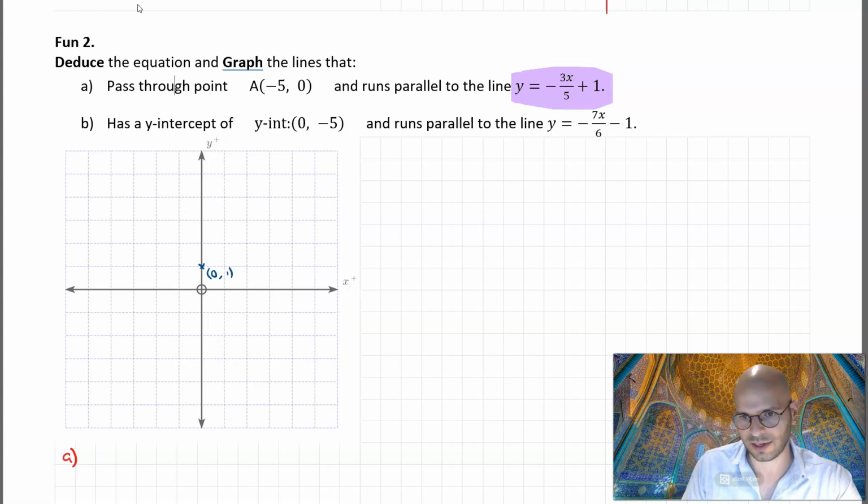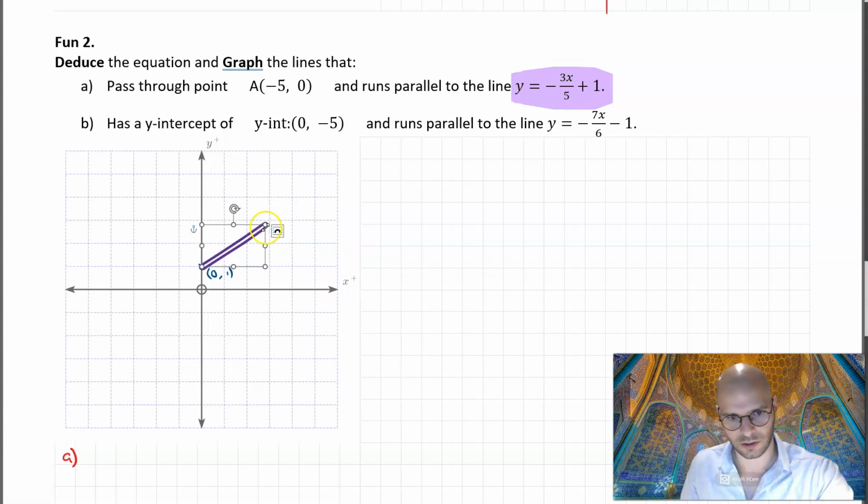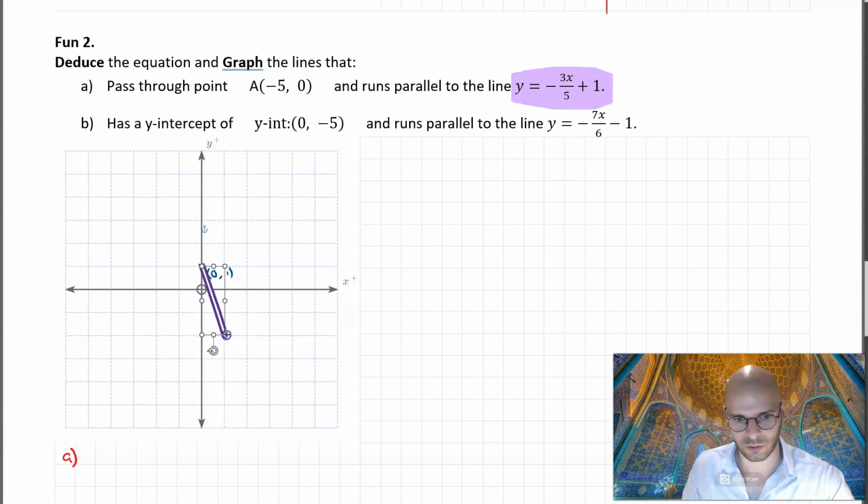Next we know that it has a negative gradient, so it's going to be going downward. For every 3 it goes down, it's going to go across 5, because that's its gradient there. So we go down 3: 1, 2, 3, across 5: 1, 2, 3, 4, 5.